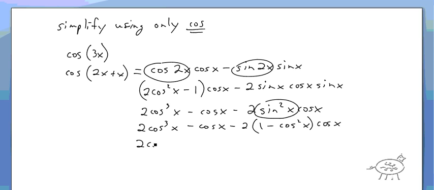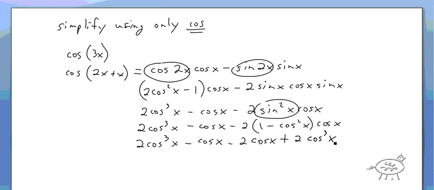So you've got 2 cosine cubed of x minus cosine of x, and I could put that 2 together, so it's minus 2 cosine of x, and then it's negative 2 and the cosine squared and the cosine, so it's actually plus 2 cosine cubed of x.